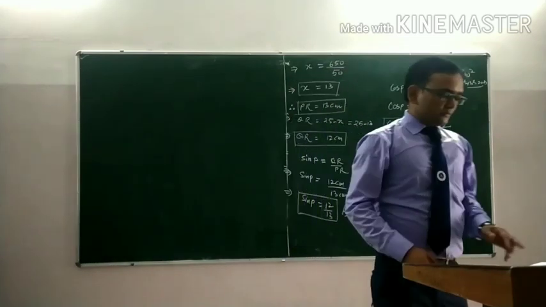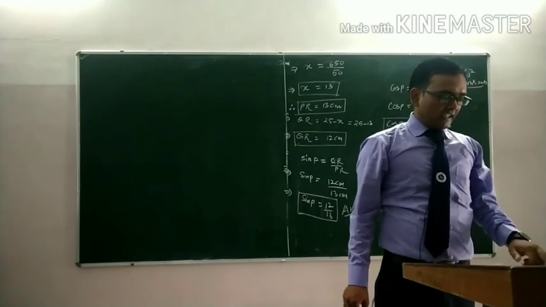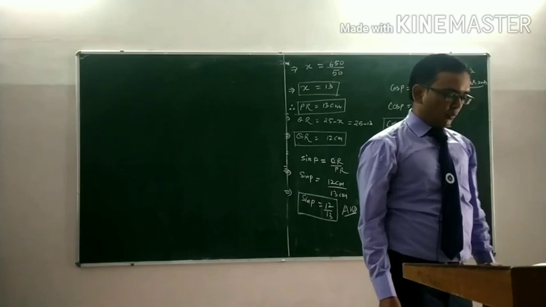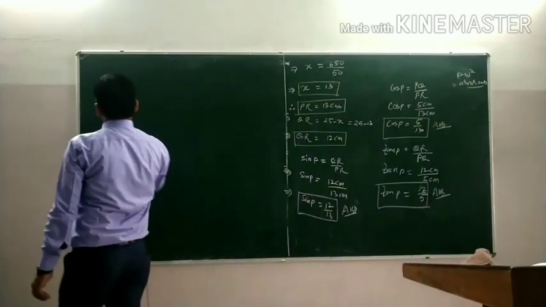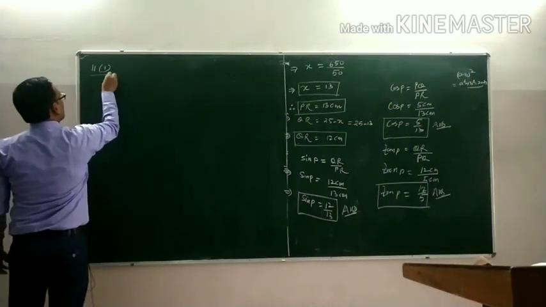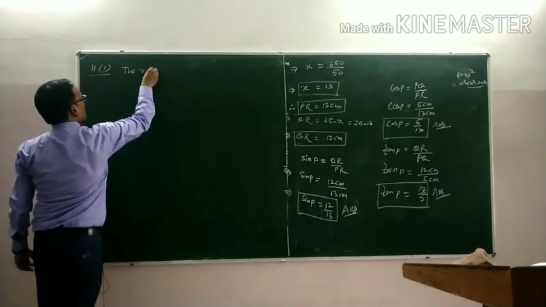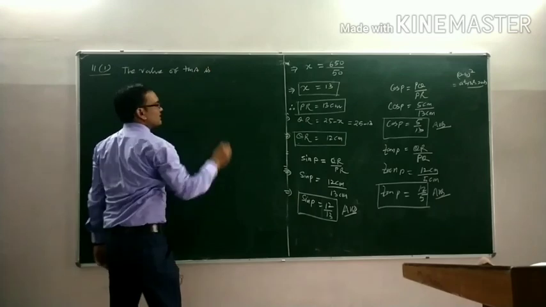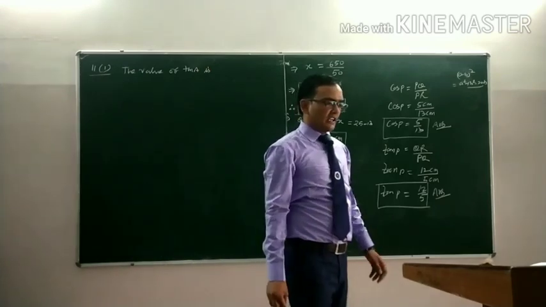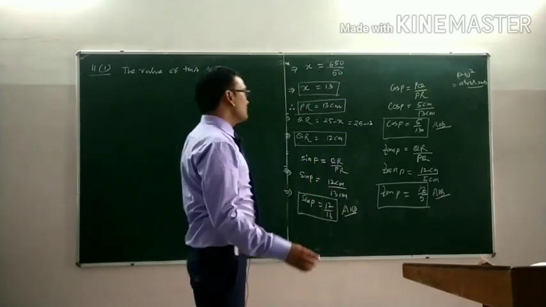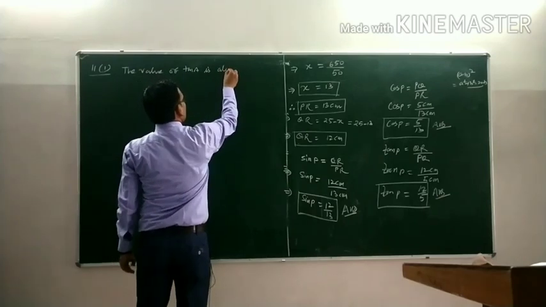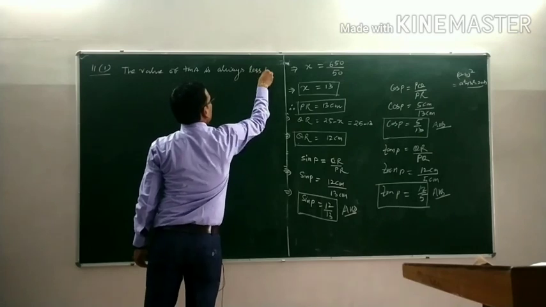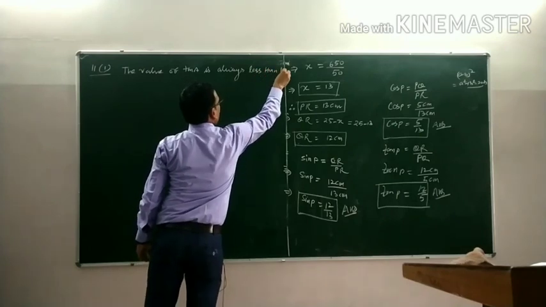First is, the value of tan A is always less than 1.